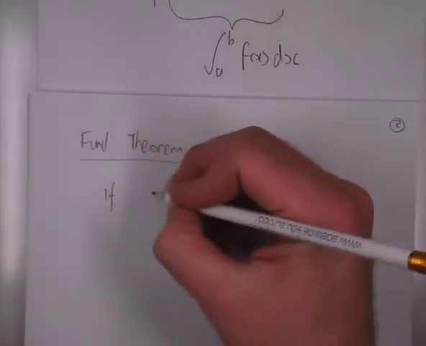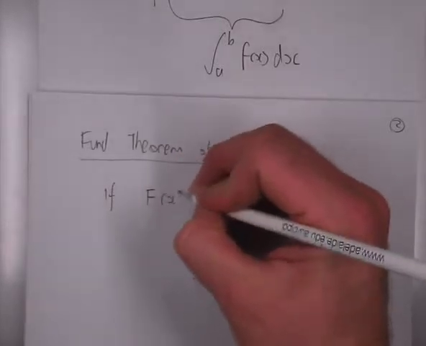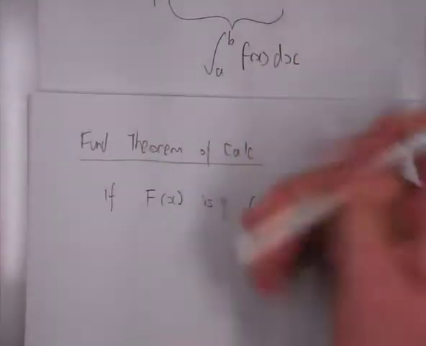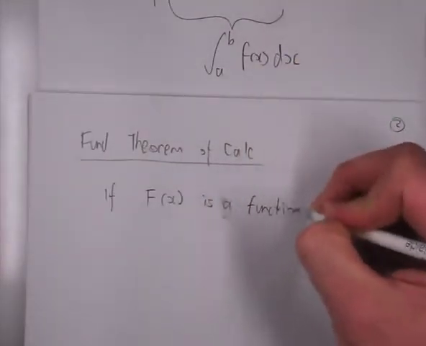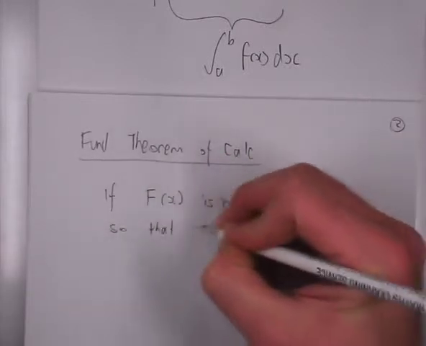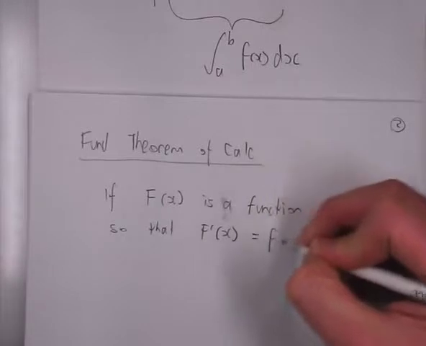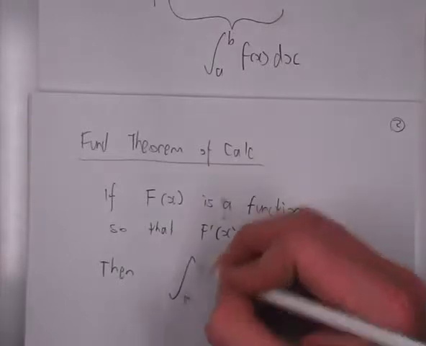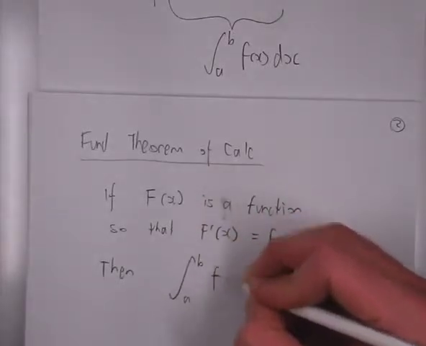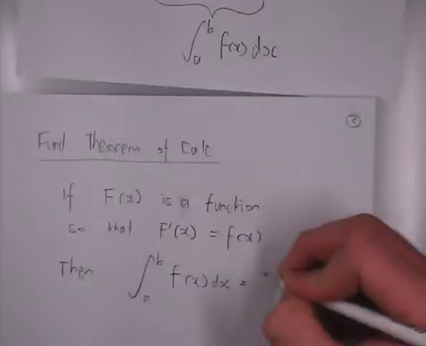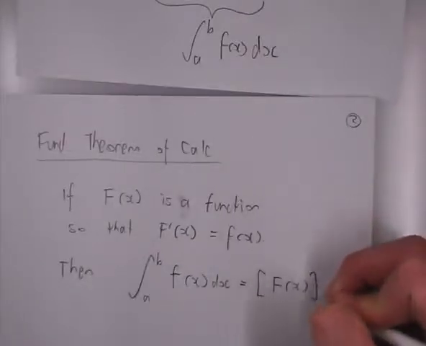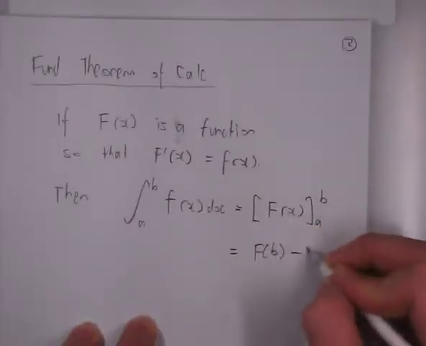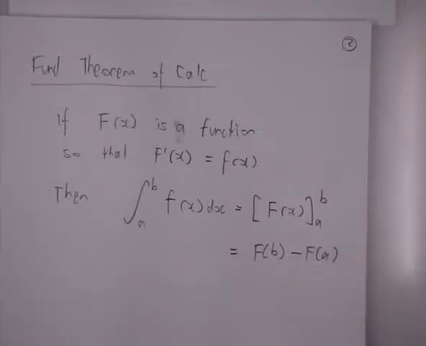So if F(x) is a function so that F'(x) is little f(x), then the integral from a to b of little f(x) is that, which means that you sub in the b and the a and subtract. That's the fundamental theorem of calculus.